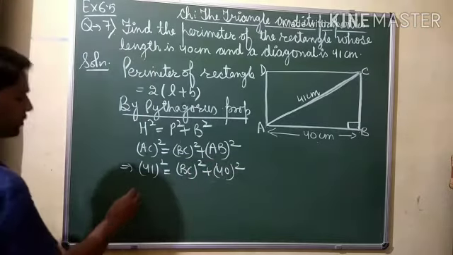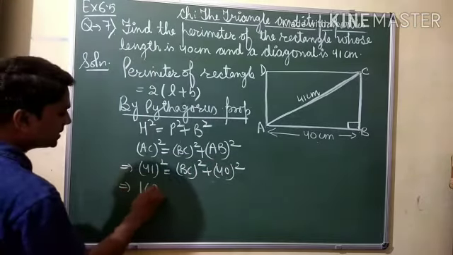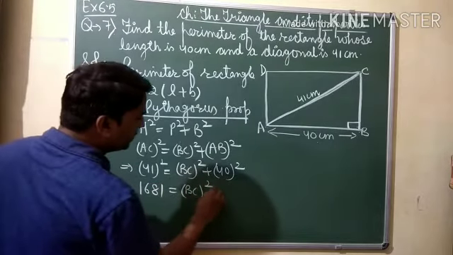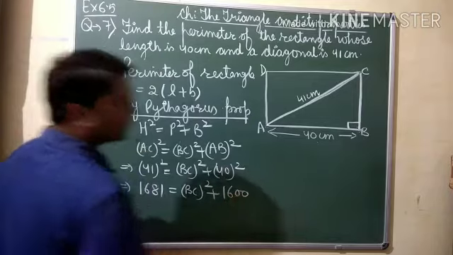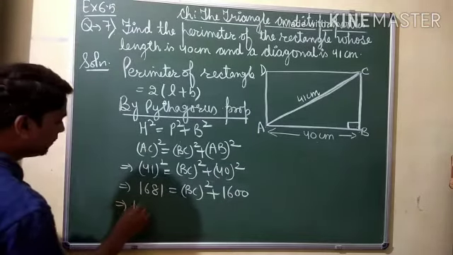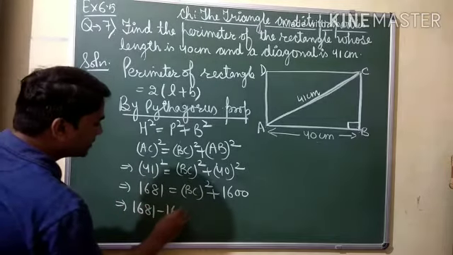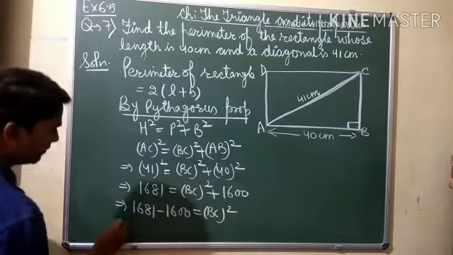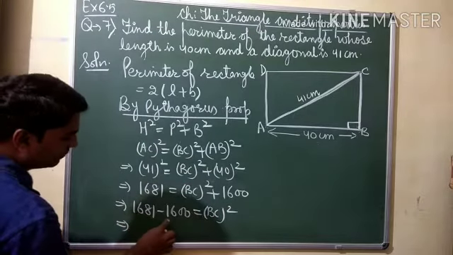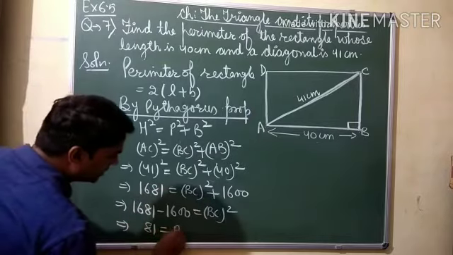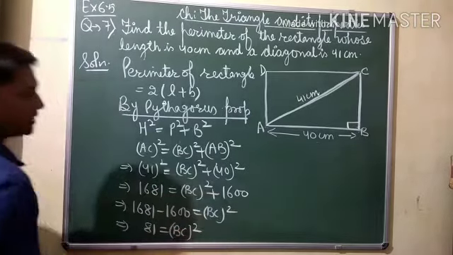Now 41 square is equal to 1681 equal to BC square, and 40 square equal to 1600. Now transposing 1600 to left hand side we get 1681 minus 1600 equal to BC square, which implies 1681 minus 1600 equal to 81, which is equal to BC square.